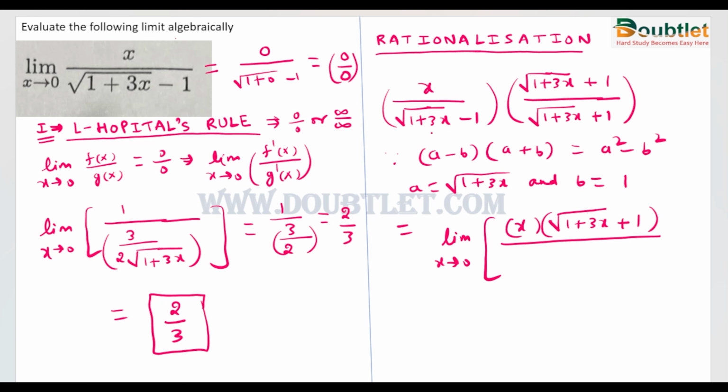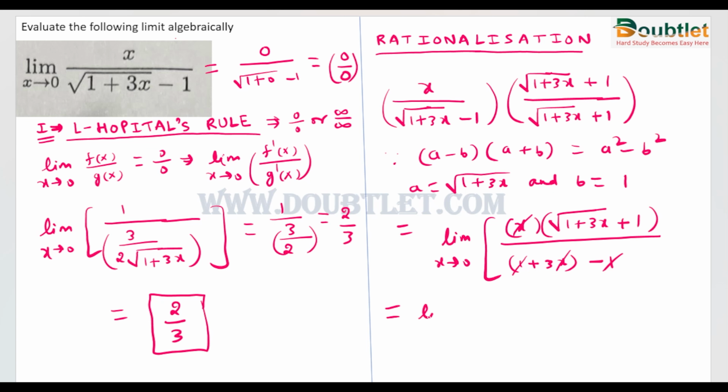Because it is in a minus b and a plus b format, we square a, so it becomes 1 plus 3x because the square root is removed, and then minus 1 because 1 square is 1. So 1 is cancelled by 1, it becomes 3x only, and x is cancelled by x.